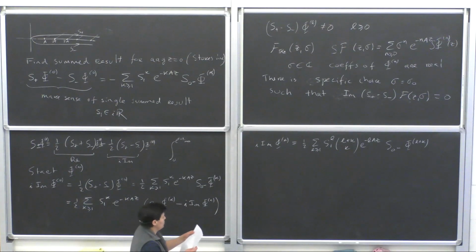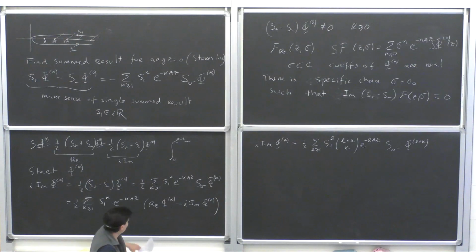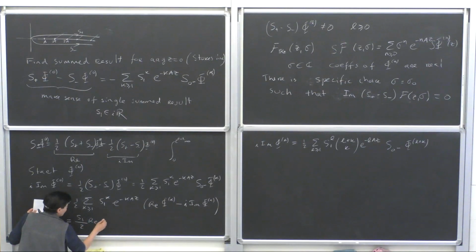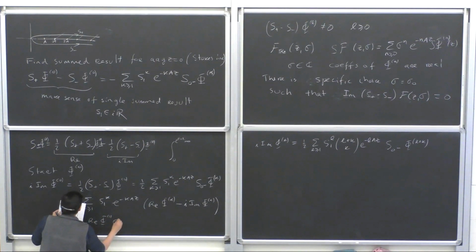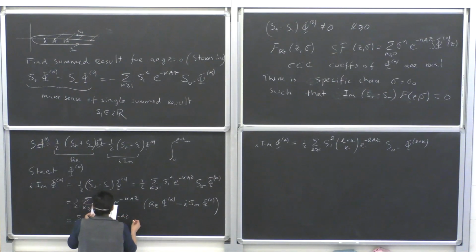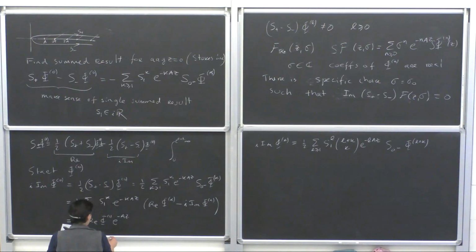Just a second. Yes. If I look at here, what do I have first? I have S1 over 2, real part of phi 1, e to the minus A z. I'm just writing the first few.